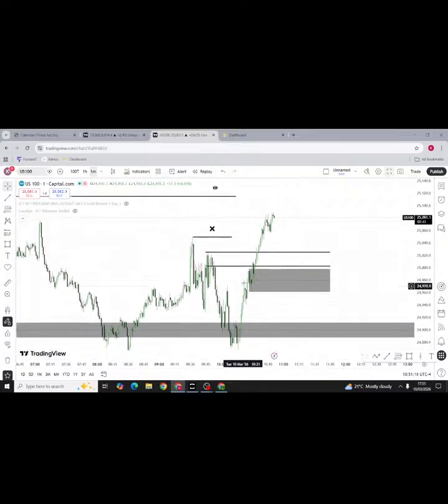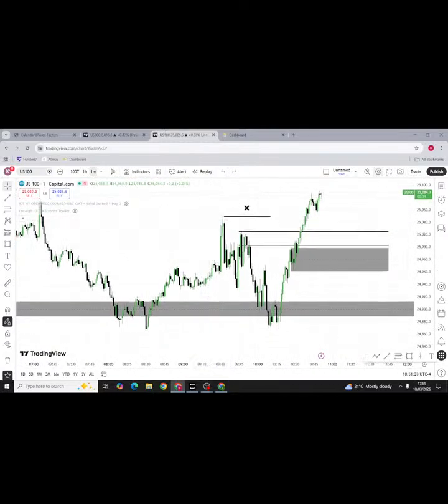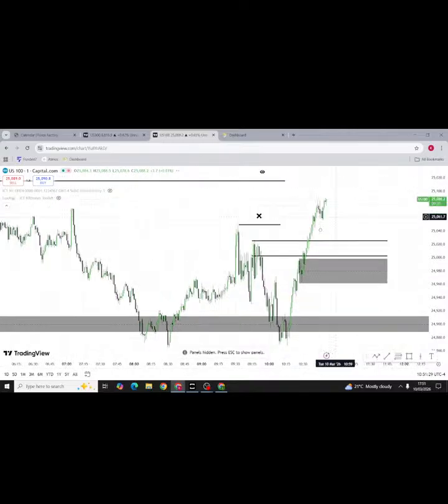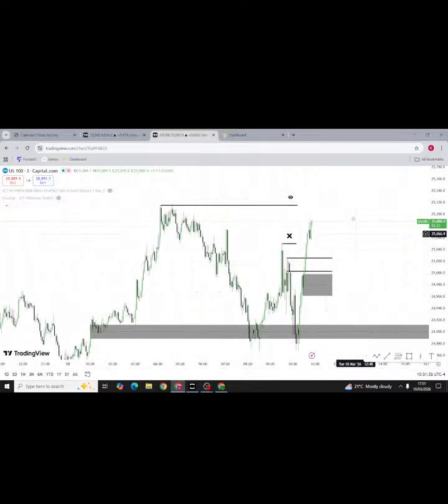So I don't see the need for buying around this area. Once we take out this high, I'll be flat. I won't be looking for any other thing to trade. Okay. So these are full target.